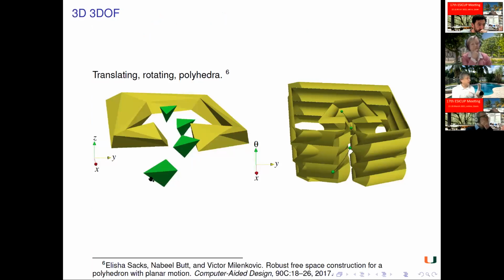So given a polyhedral robot and a polyhedral obstacle, we can calculate this no-fit shape, this blocked space and free space, and it looks something like this, and we can do path planning.